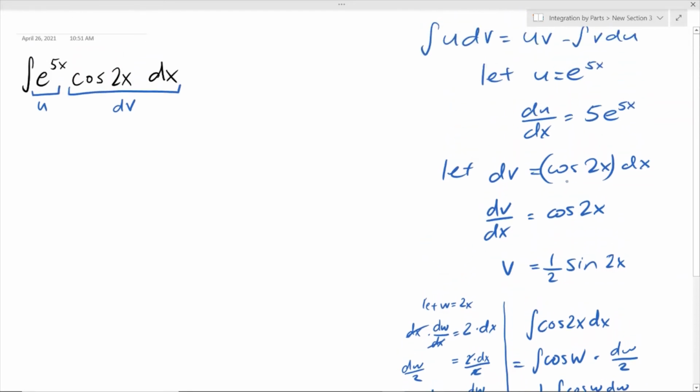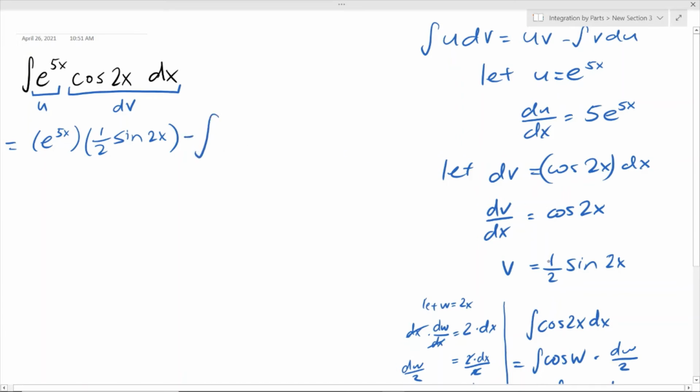Okay, so now we're going to sub stuff in. So u is going to be equal to e to the 5x, and then v is equal to 1 over 2 times sine 2x, okay, as shown right here, so u times v, and then minus the integral of this, right, v, a half sine 2x, and from here that was v, right, we subbed in v.